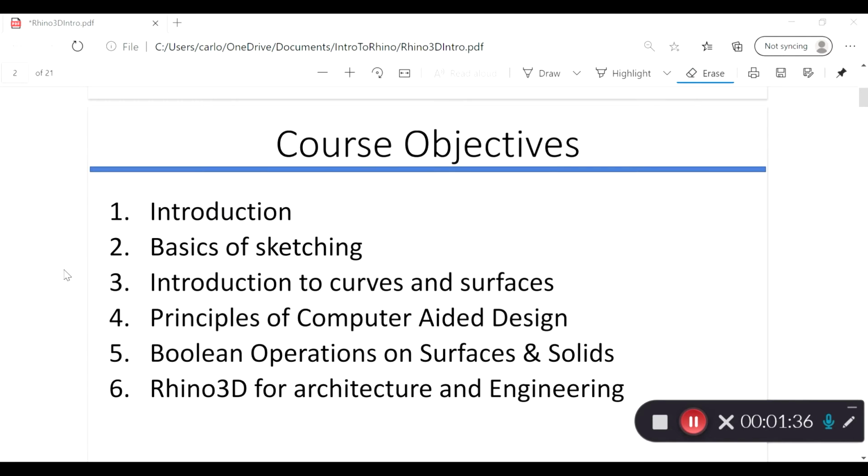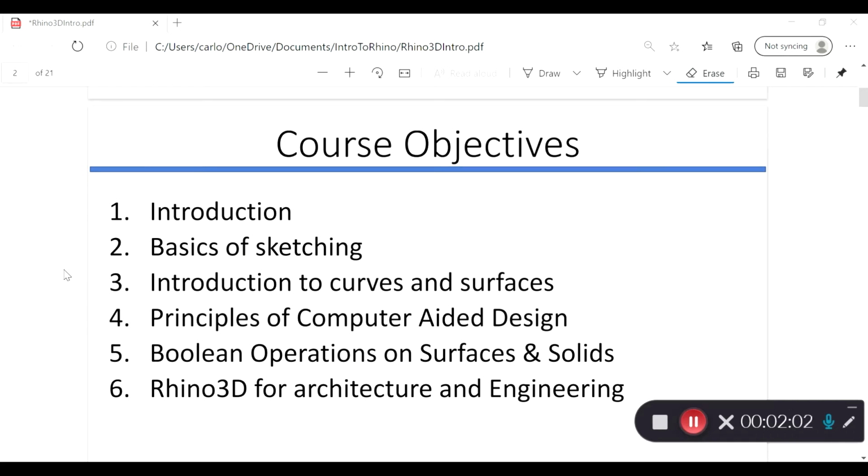This is union, subtraction, merging, and splitting. We're also going to go over Rhino 3D features for architecture and engineering. This is simulating physical forces and deformations, exporting to other CADs such as ANSYS or COMSOL or Abaqus.